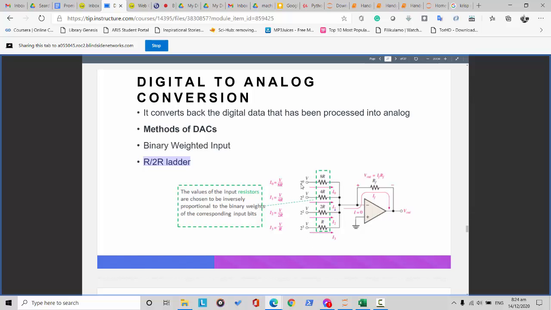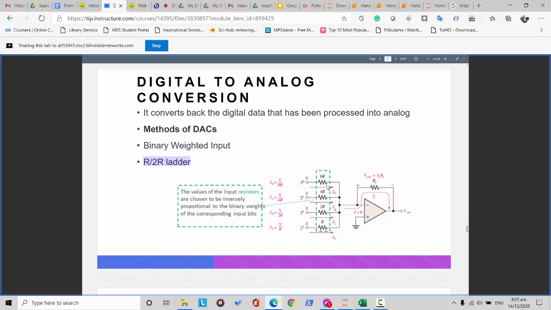You can see here, if the input bit is 2 raised to 0, that will be the opposite of the corresponding input bits. So the larger the input bit is, the lower the resistor. The least bit that we have here is 1, 2 raised to 0 is 1, so we have the maximum resistance here.